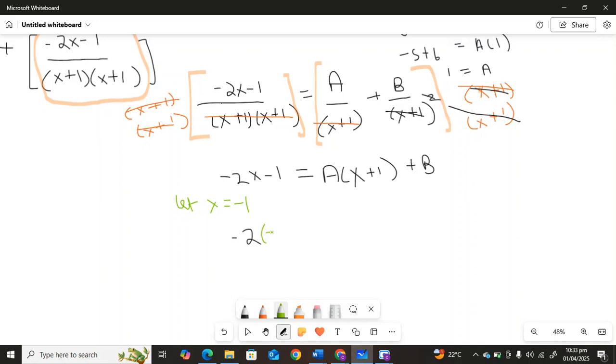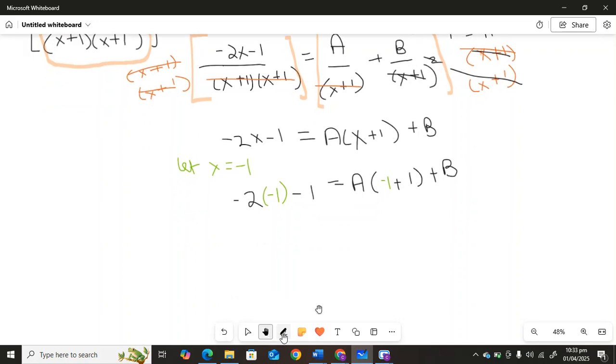So 2 times -1 minus 1 equals a, open brackets, -1, -2 times -1, that is 2.